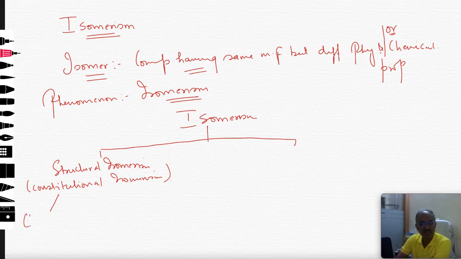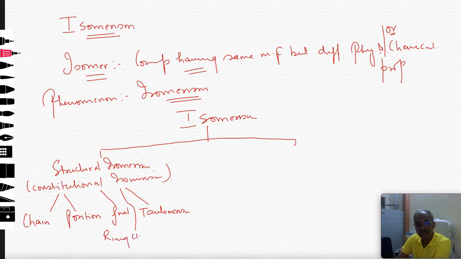Now, in structural isomerism also there are many types: chain isomerism, position isomerism, functional isomerism, tautomerism, ring chain isomerism, and last but not the least, metamerism.